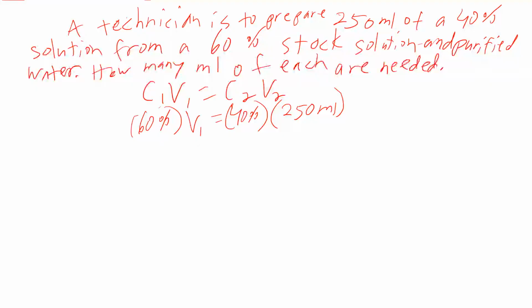Okay, so V1 equals 40 times 250 divided by 60, and that will equal 167 milliliters.